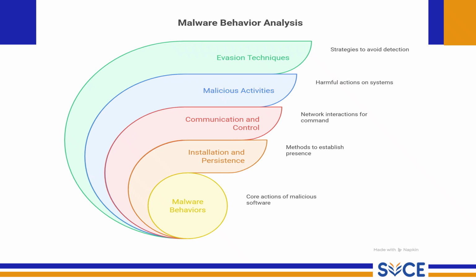And the communication, that is C2C, where the network interaction for the command will be done. Next, malicious activities, harmful actions on the systems, will be done over here. And next, evasion techniques, strategies to avoid detection. So all those things come under this malware behavior analysis.